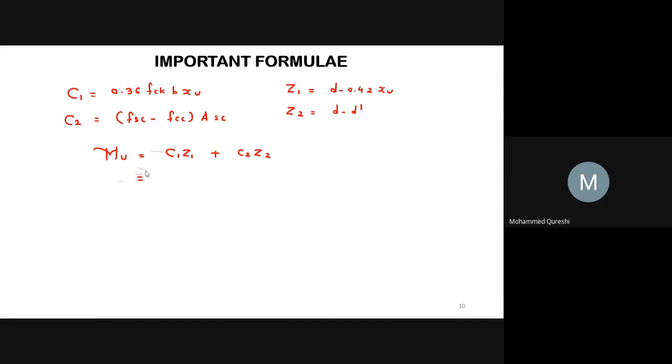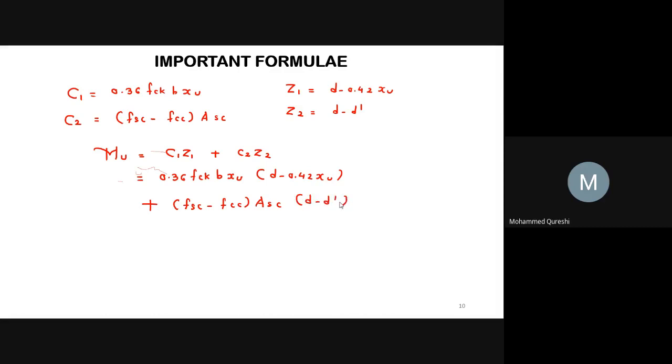So taking the moment at tension reinforcement, we will get the value as Mu equals 0.36 fck b into xu into d minus 0.42 xu, plus the value of C2 as fsc minus fcc into Asc into d minus d dash.